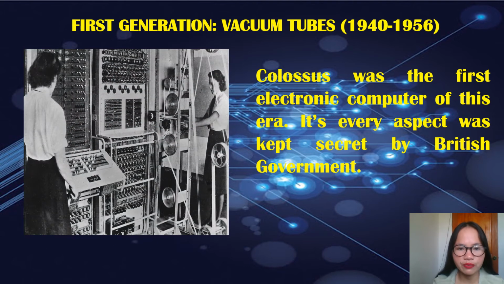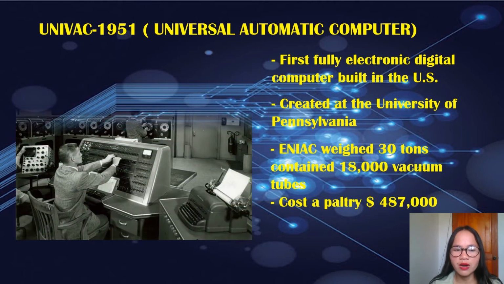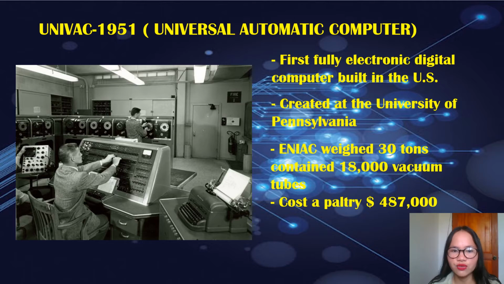Another example of the first generation is the Colossus. It was the first electronic computer of this era. Another one is the UNIVAC 1951, or the Universal Automatic Computer. It was the first fully electronic digital computer built in the US, and it was created at the University of Pennsylvania.